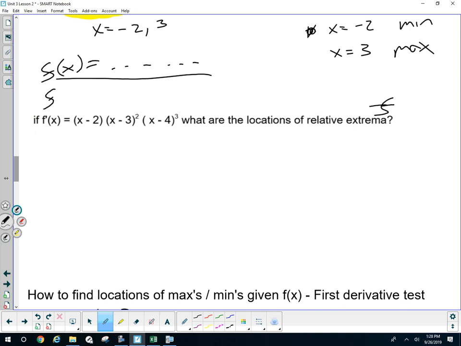So you then took the derivative, and since you guys are masters at factoring, you factored your derivative to get you this. You guys stink at factoring, so I gave it to you. Okay? I did the legwork. You guys tell me, where are the maxes and the mins on f? Go.